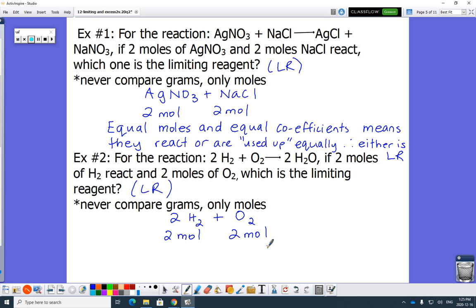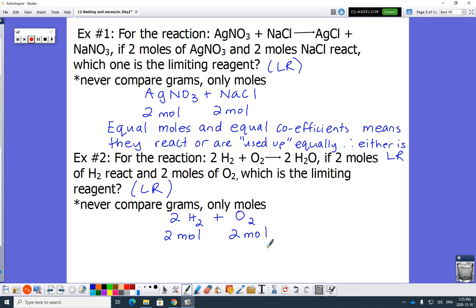So we have to take that into consideration when we're figuring out how the reaction is going to work, because that means you need twice the amount of hydrogen compared to the amount of oxygen because of the coefficients, the mole ratio. So some of you are doing the ratios in your head, which is great, but you can always do this same thing every single time.